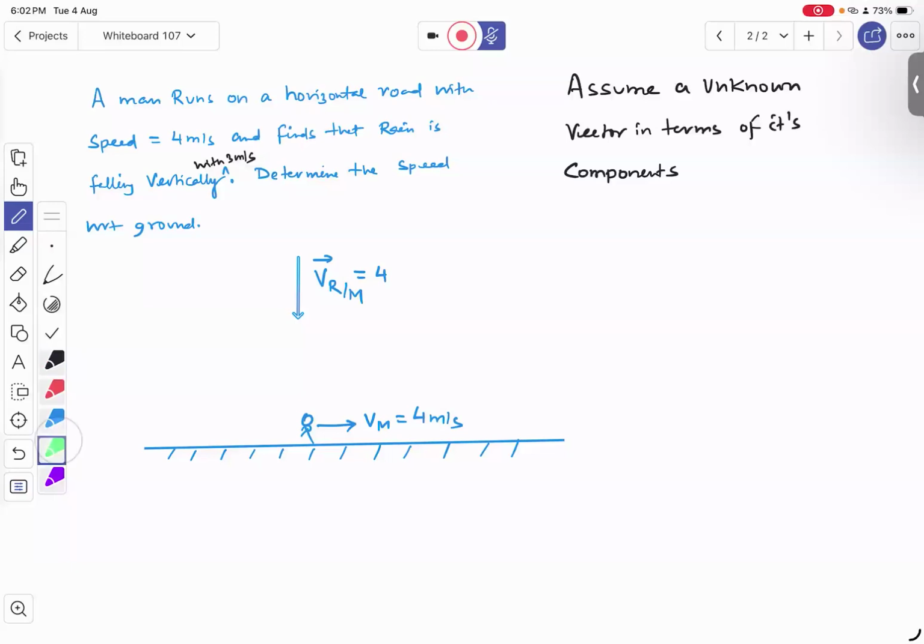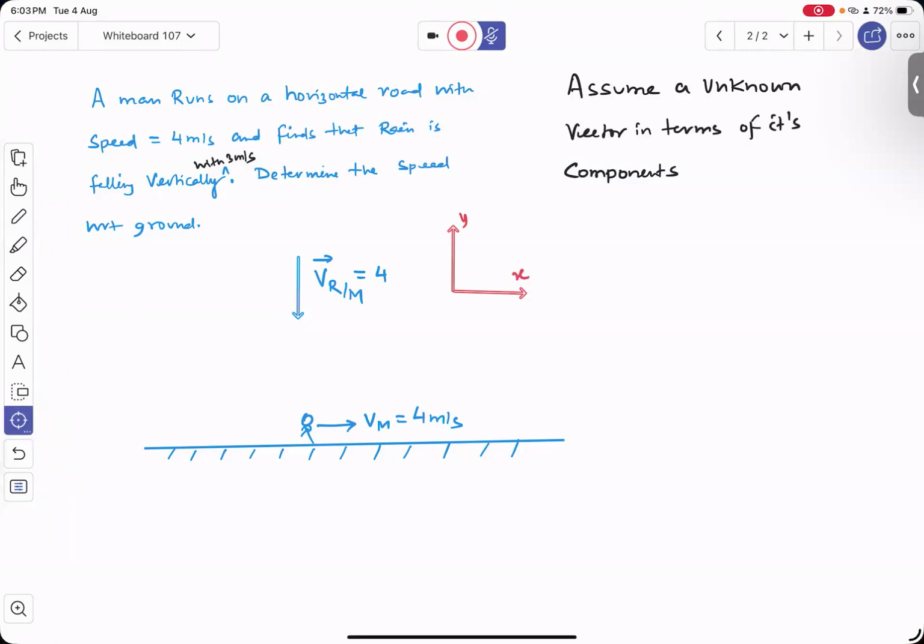Suppose I consider the old way only, maybe upward as positive y and this way as positive x. So tell me, the velocity of the rain can have some component along x or y only, no? Because the velocity of the rain with respect to the man is along the y direction only.